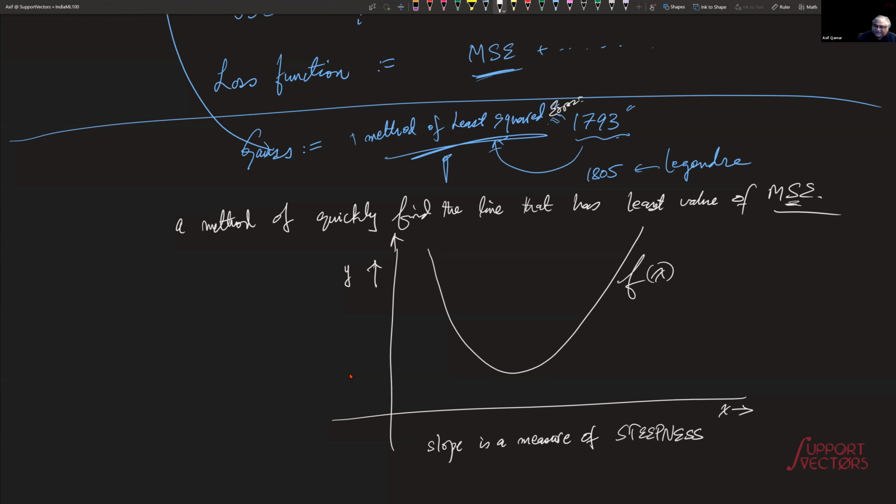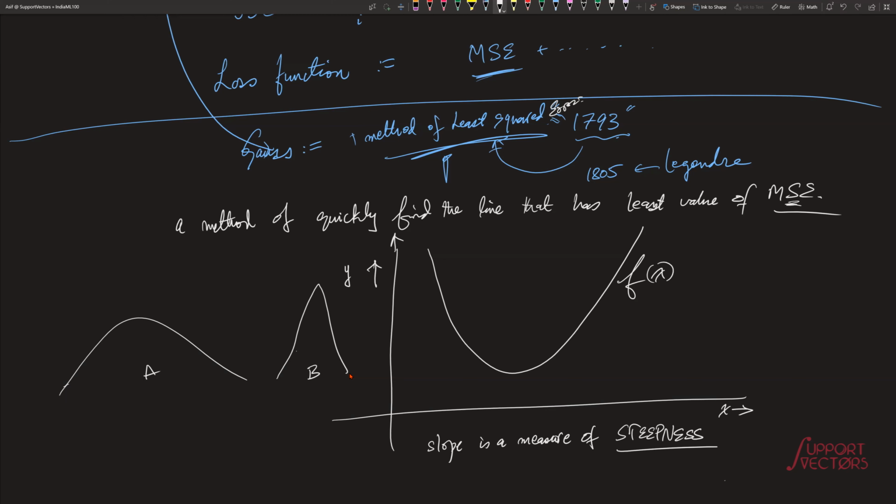Steepness. How steep? So suppose you're looking at a hill. Let's take two hills. Here is a hill, and here is another hill. A, B. Now, which is more steep? Climbing, which is more steep? B. Right?